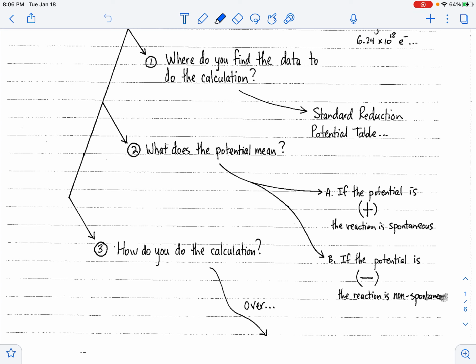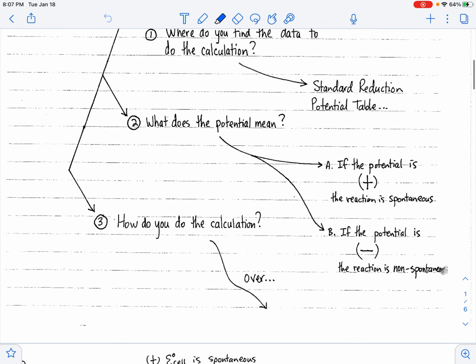If you do the math and it comes out to a negative value, that means that reaction under standard conditions is non-spontaneous. Now, notice I said standard conditions there, because if it's not standard conditions, again, you would be putting numbers into what's called the Nernst equation. You would still come up with whether it's spontaneous or not spontaneous, but it's a little bit more complicated then.